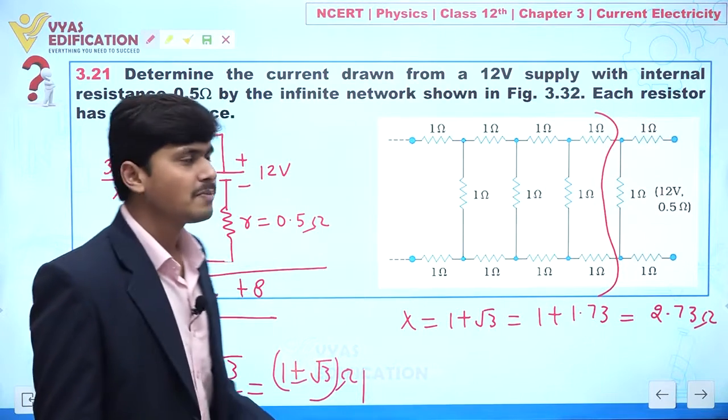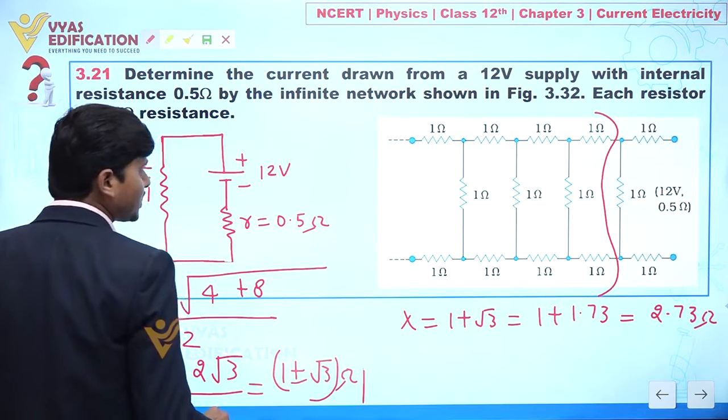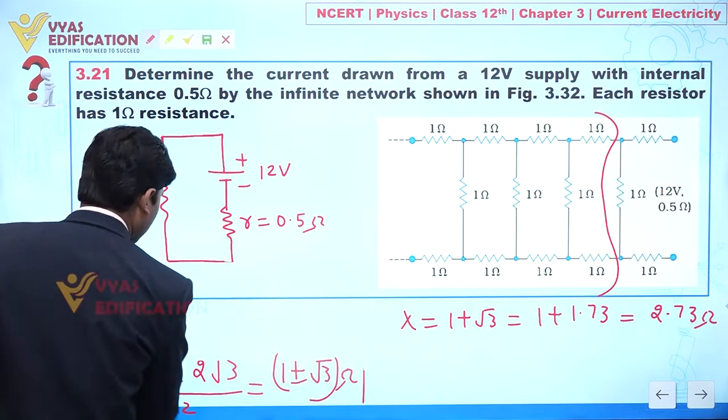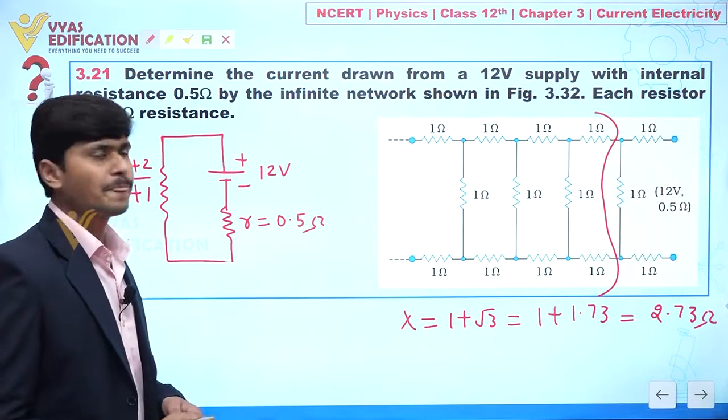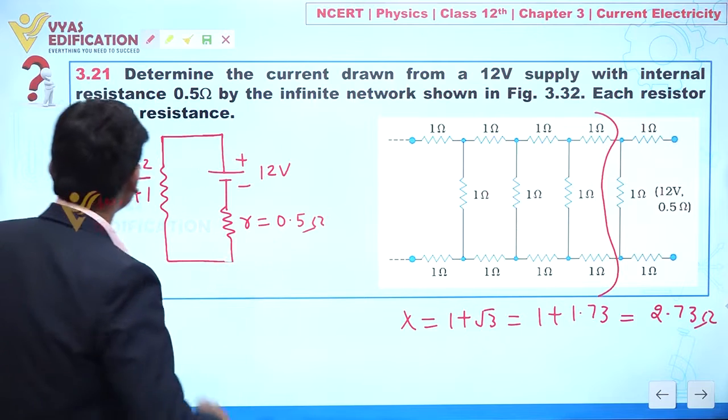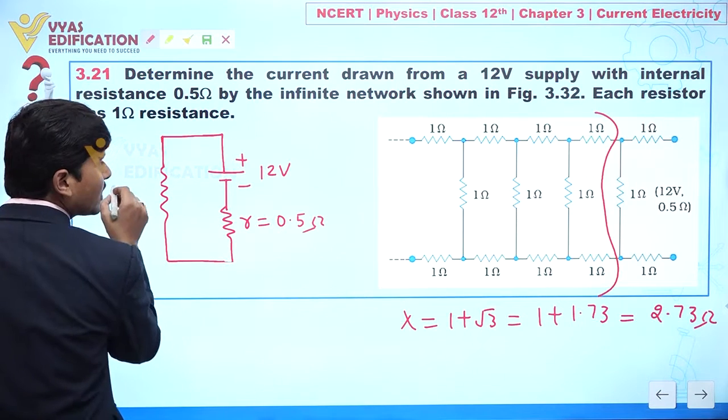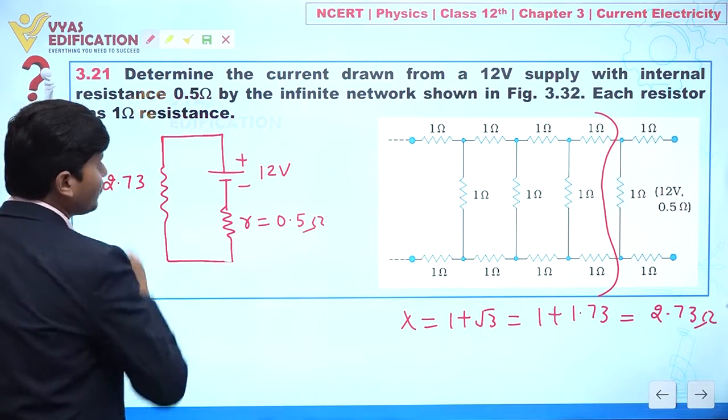Now what is my objective in this question? My objective is to calculate the current that is flowing. The resistance that I am getting here is 2.73.